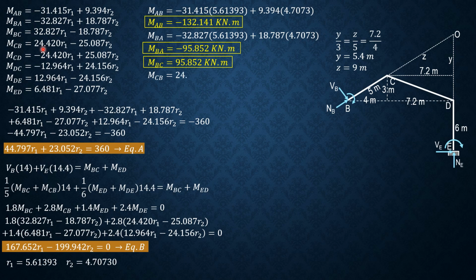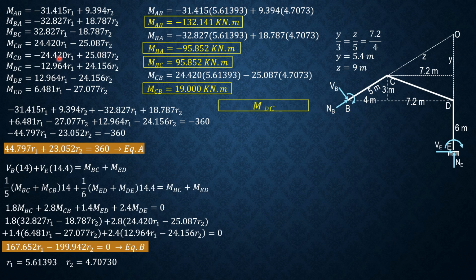MCB is 24.420 of 5.61393 minus 25.087 of 4.7073. MCB is 19.000 kilonewton meter. So that means MCD is negative 19.000 kilonewton meter. MDC is negative 12.964 of 5.61393 plus 24.156 of 4.7073.